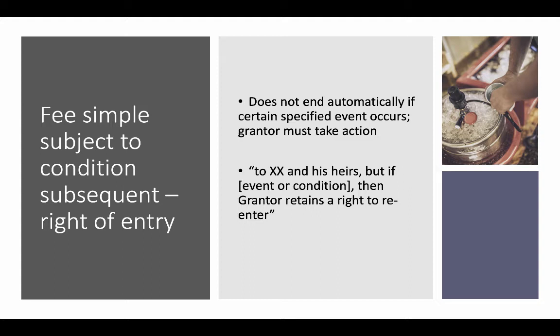Instead, the grantor may, if he or she wants to, take the land back, but they have to actually choose to take action to take that property back. And we call that a right of entry or a right of re-entry.